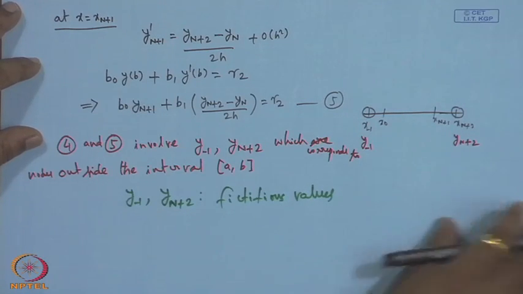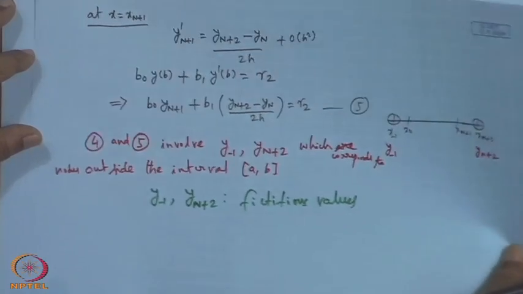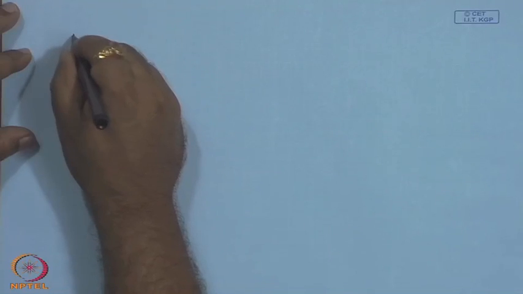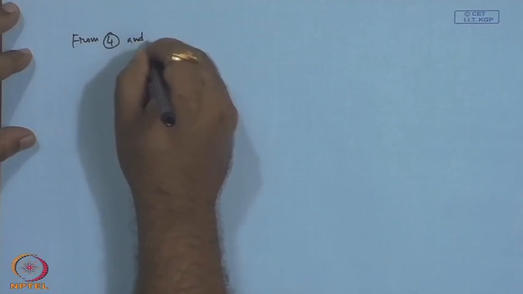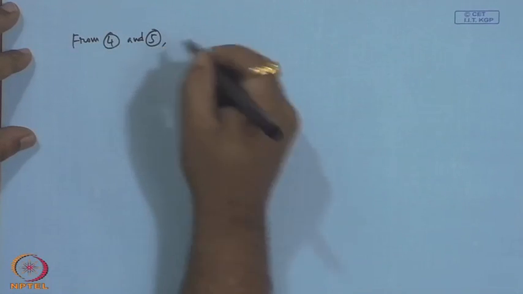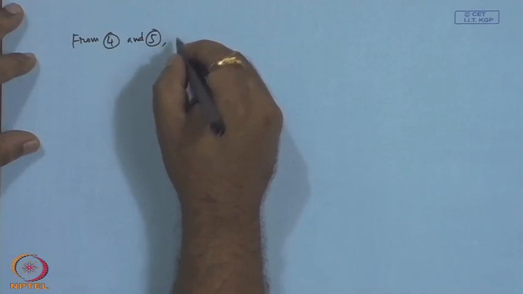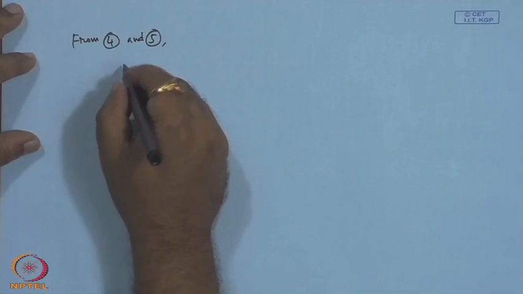So, from 4 and 5 one can express the fictitious values.